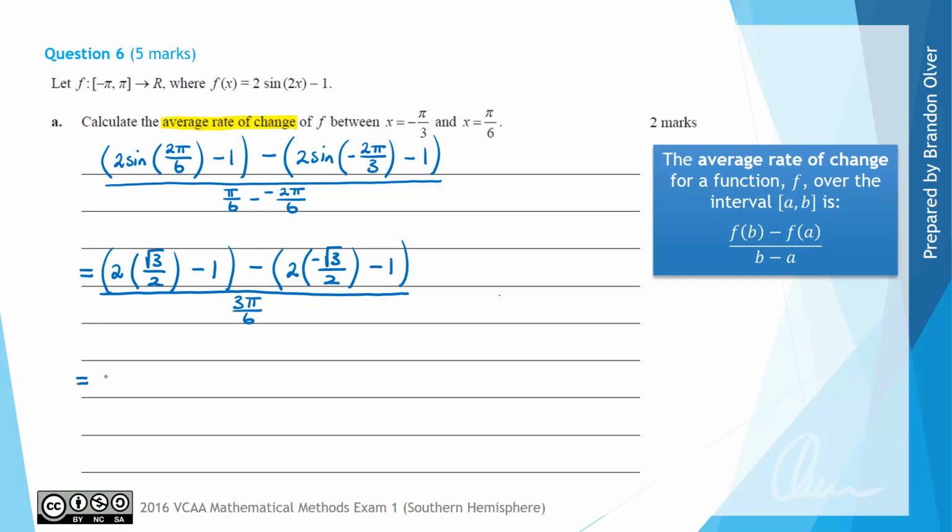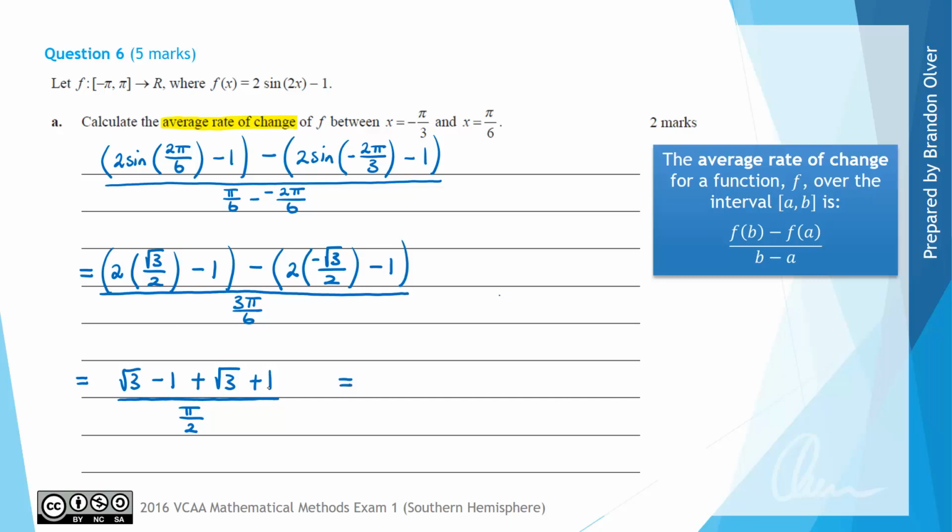Then 2 times root 3 on 2 is just root 3, subtract 1, and then we subtract away 2 times negative root 3 on 2, which actually becomes positive root 3. So those two negatives became positive. And then subtract negative 1 gives plus 1. And that's divided by 3 pi on 6, which is the same as pi over 2.